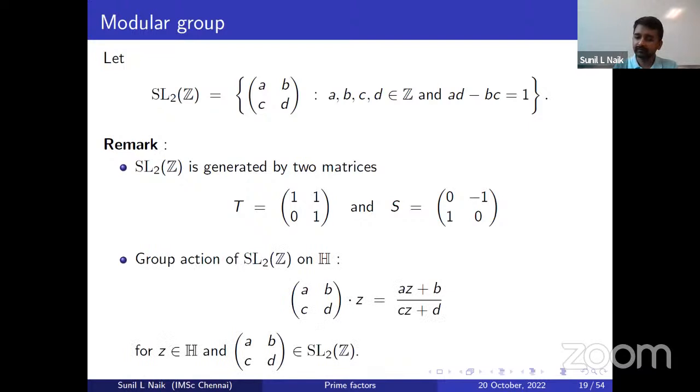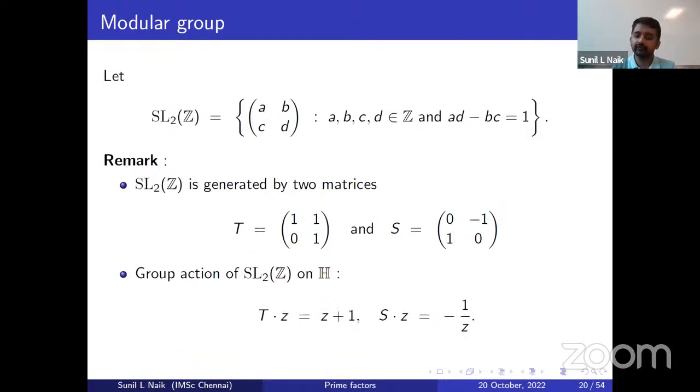There is an action of SL2(Z) on the upper half plane given by Mobius transformations. The matrix (a, b; c, d) in SL2(Z) acting on z gives (az + b) divided by (cz + d). In particular, T acts on the upper half plane by translation by 1, and S acting on z gives -1 by z.